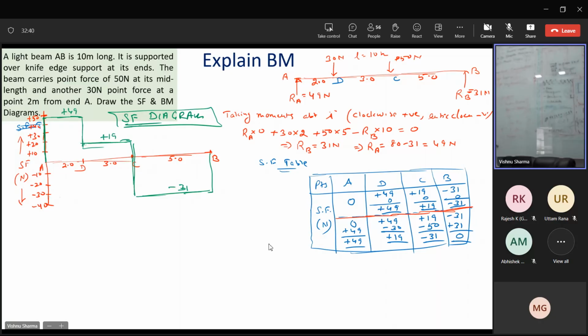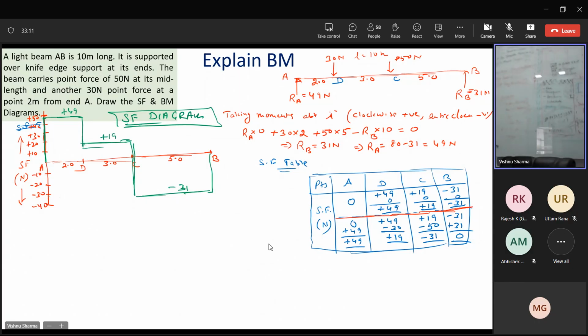Have you understood the condition for picking up the points for BM? All points which were there in the SF table, plus any additional point where the shearing force diagram may have crossed the x-axis. So with these two conditions, look at the shearing force diagram and tell me how many points need to be taken for BM.